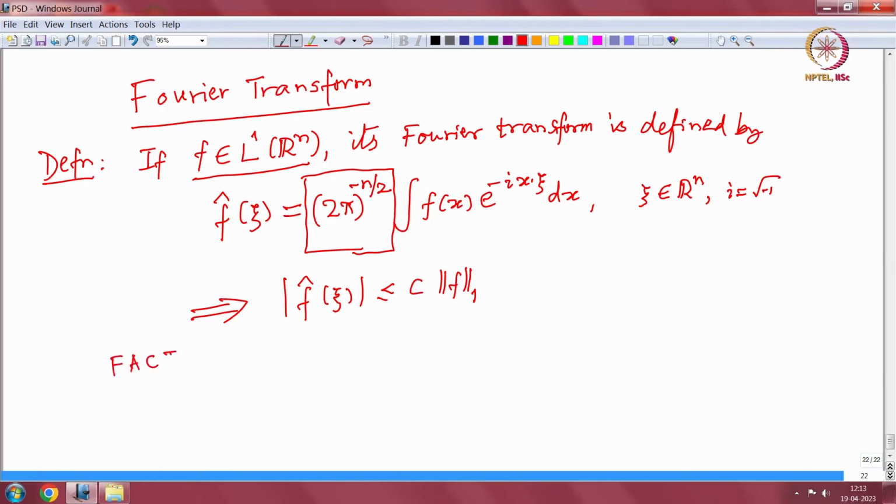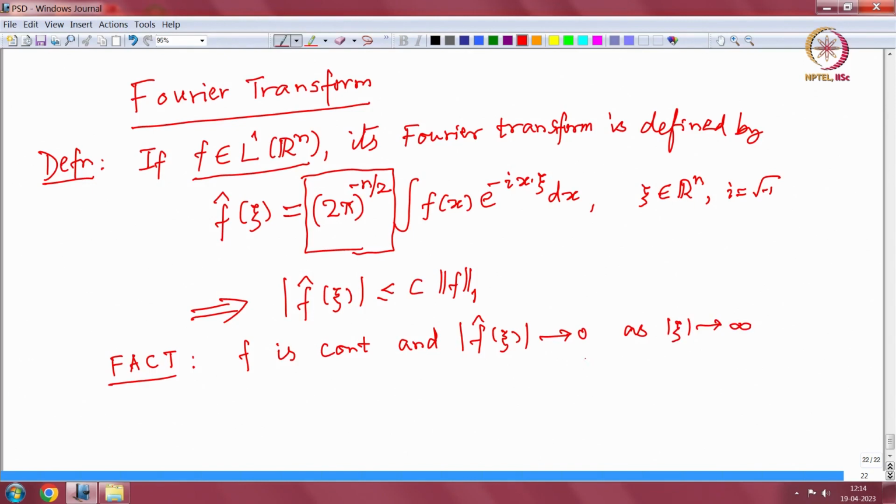Instead of writing proposition or theorem, since some are small results and some are somewhat big results, let me just write it so. f cap is continuous and f cap j tends to 0 as mod j tends to infinity.